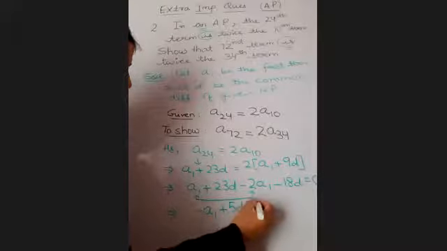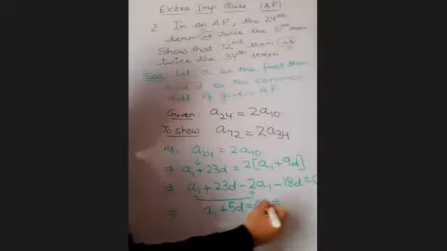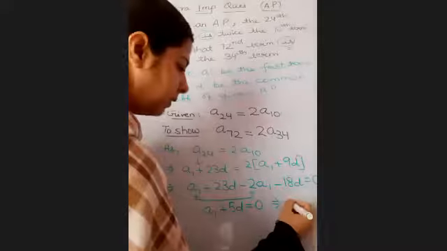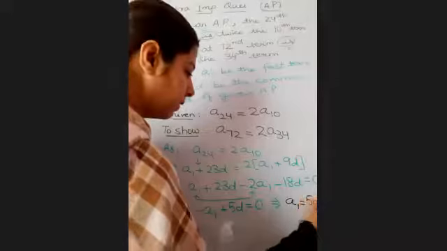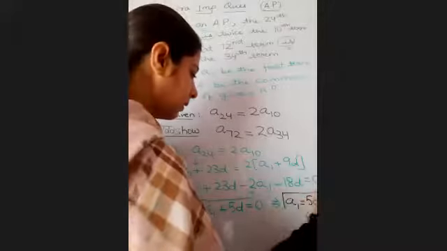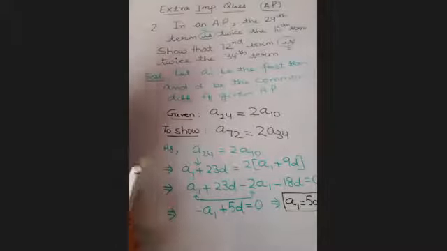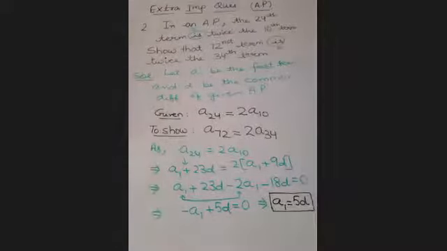Now simplifying, this gives me A1 is equal to 5D. That is what we are getting from the given relation.